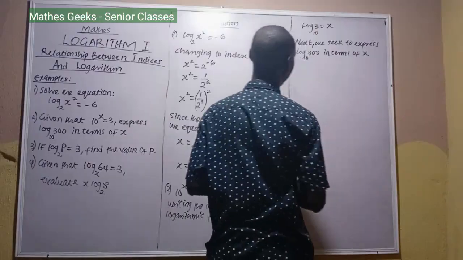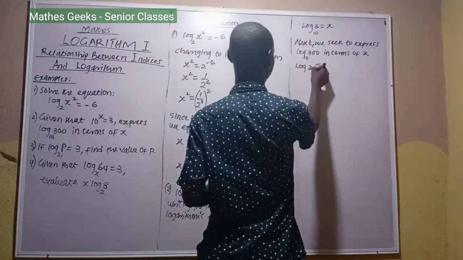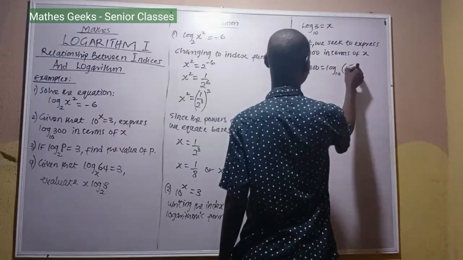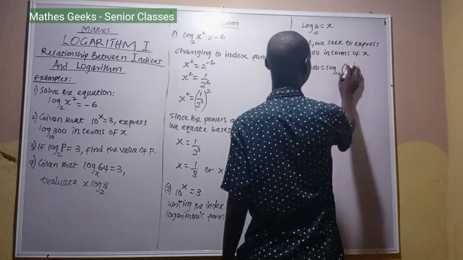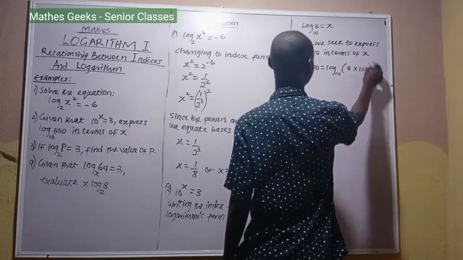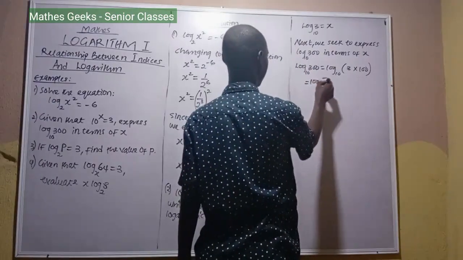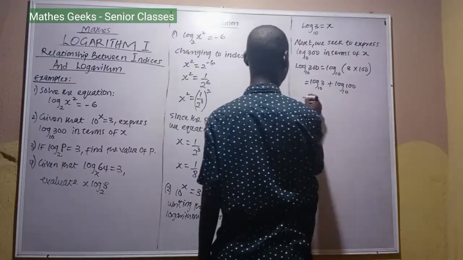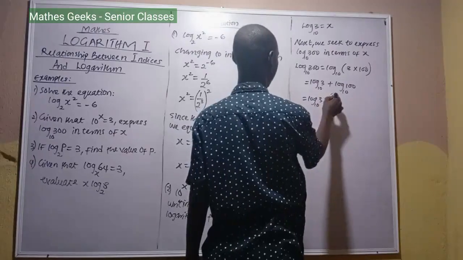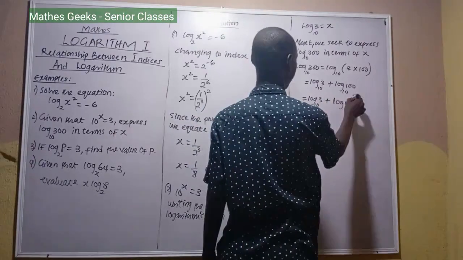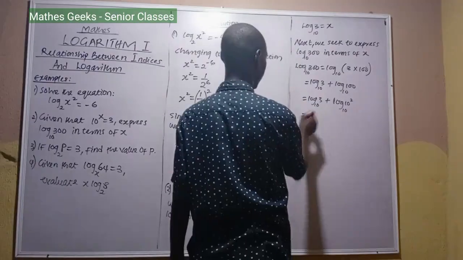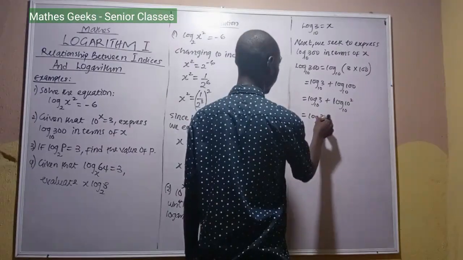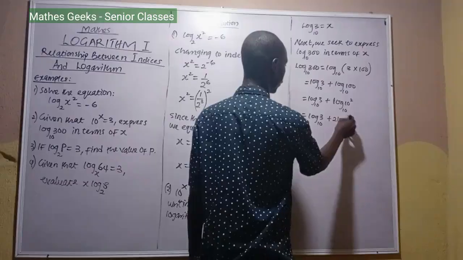So now log 300 to the base 10 is equal to log of 3 times 100, and that is log 3 to the base 10 plus log 100 to the base 10, which is log 3 to the base 10 plus log 10 raised to the power 2 to the base 10, and to go on, we're going to have log 3 to the base 10 plus 2 log 10 to the base 10.